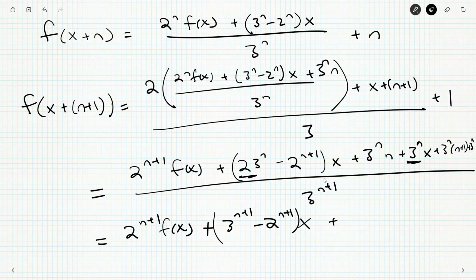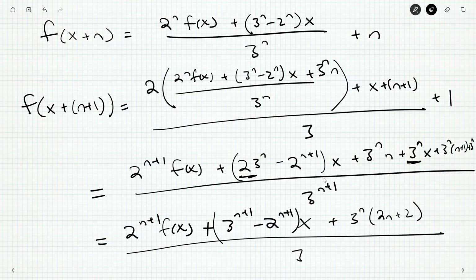And then we have 3 to the n times 2n plus 2, all over 3 to the n plus 1. So, perhaps I have the wrong formula at the very end for my n's?